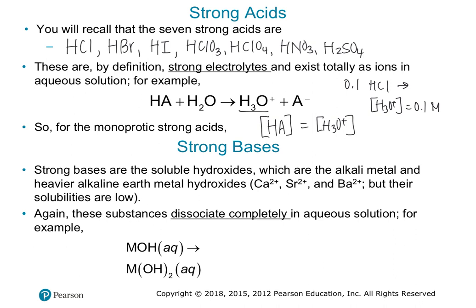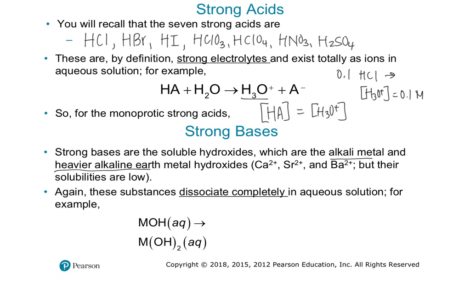Strong bases are basically ionic compounds that have hydroxide, specifically alkaline metals and heavier alkaline earth metals tend to be strong bases. So they completely dissociate. If I have an alkaline metal, I have the metal ion plus 1 hydroxide ion.